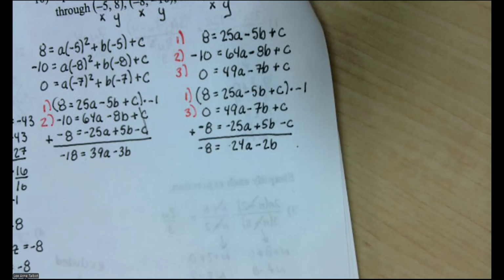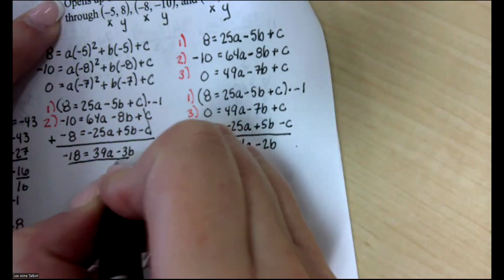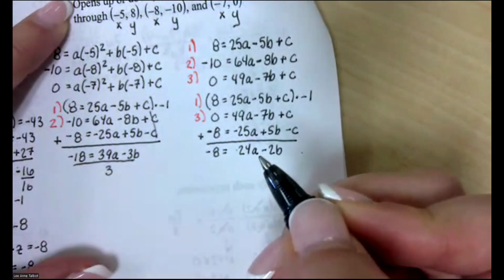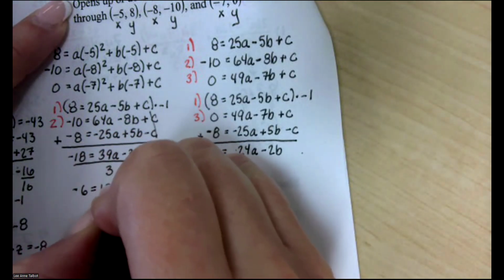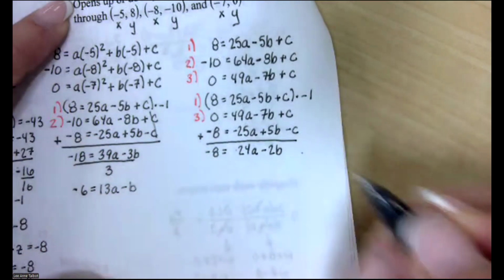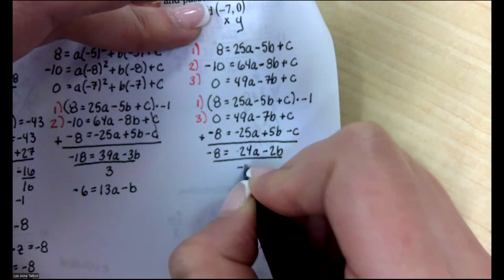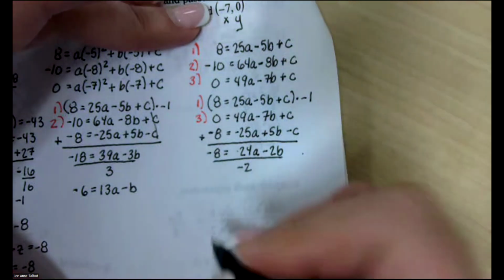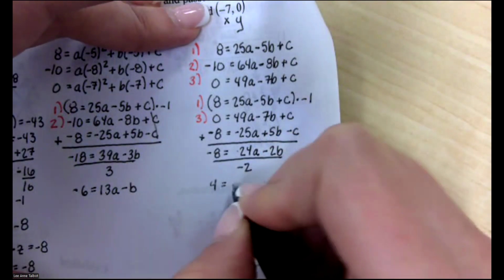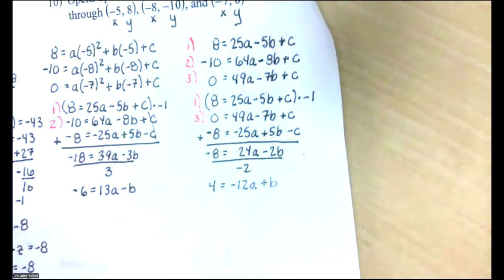Okay, so let's just draw it and then I'll show you what I mean. If I divide this side by 3, I would get -6 equals 13a minus b. If I divide this side by -2, I would get 4 equals -12a plus b.